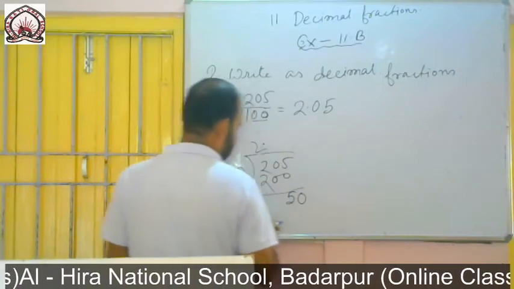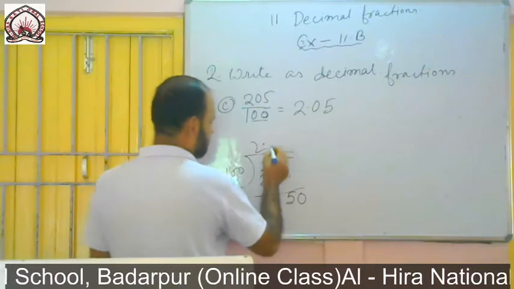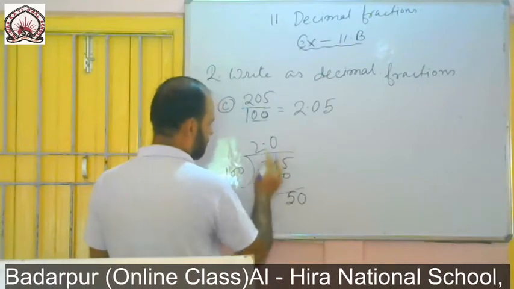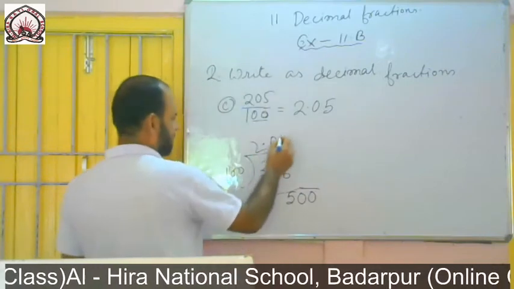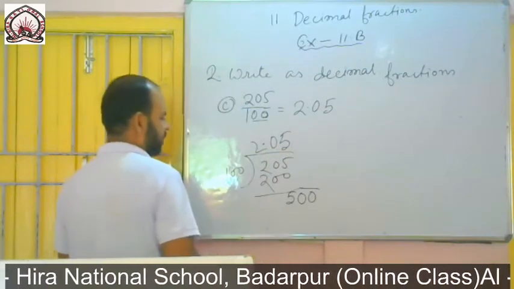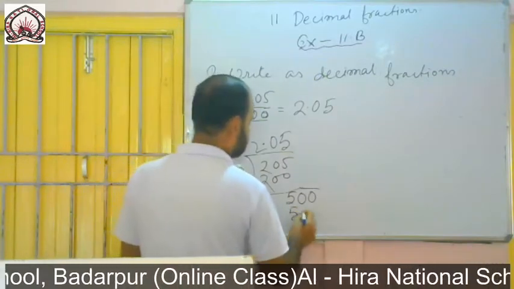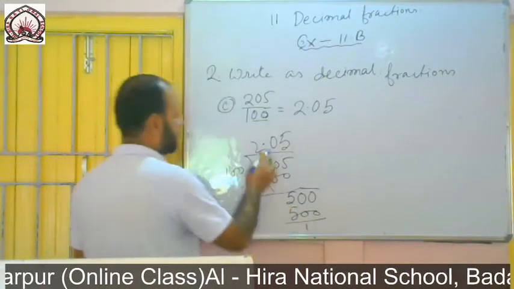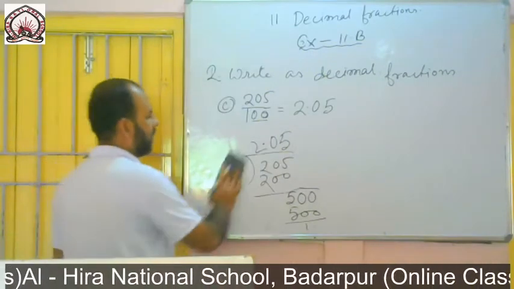Then 50 is also not possible because 50 is smaller than 100. So we add another 0, then 500. 100 times 5 is 500. That means the answer is 2.05.